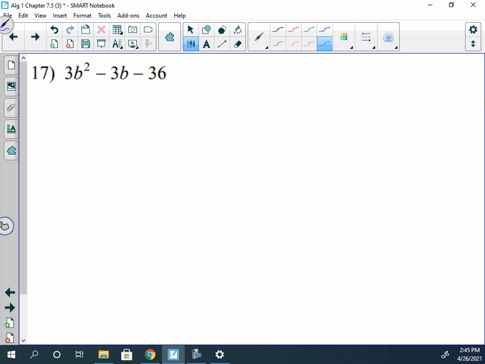So what number will go into all 3? 3. Because 3b squared divided by 3 would be b squared. 3b divided by 3 is just going to be b. And 36 divided by 3 is what?